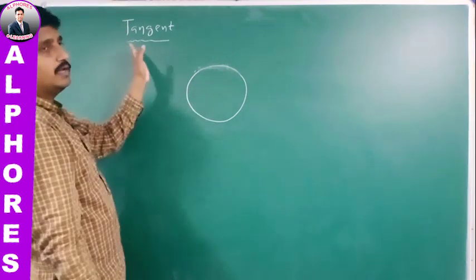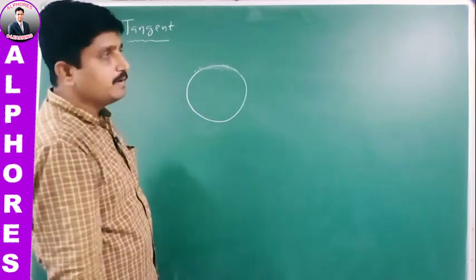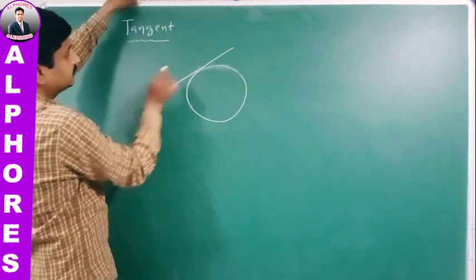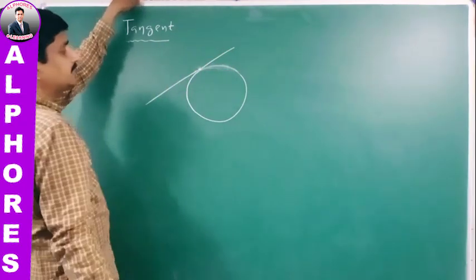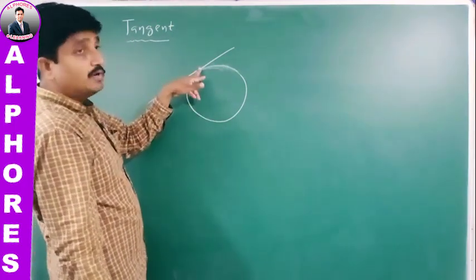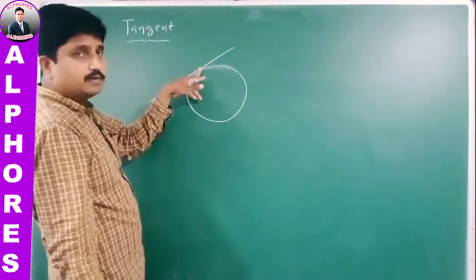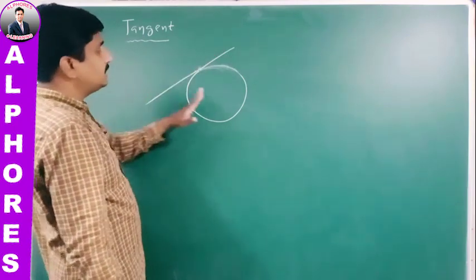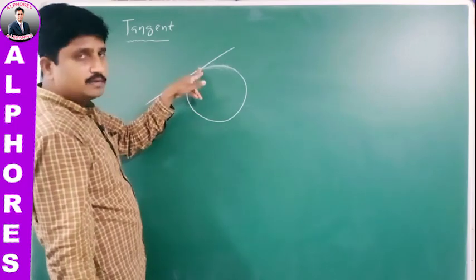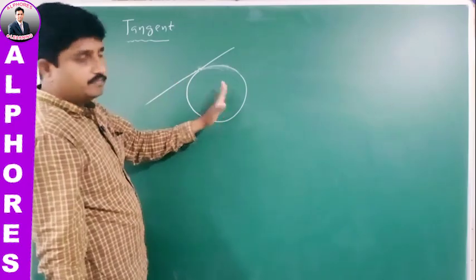Already you know very well about tangents from first year, in the tangents and normals concept. A line touches the circle at only one point. If a line touches the circle at only one point, that line is called a tangent of the circle. In this diagram, this line is called the tangent of this circle.